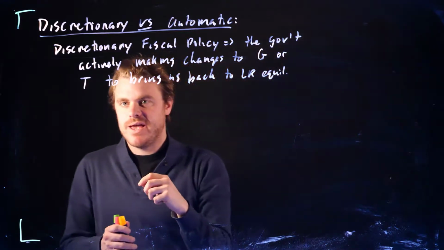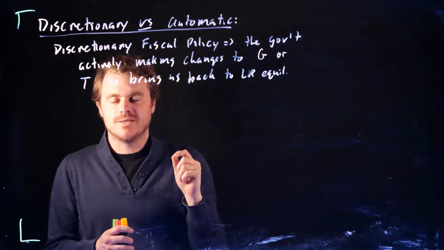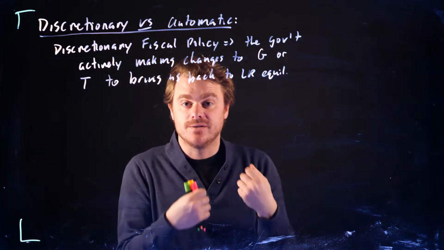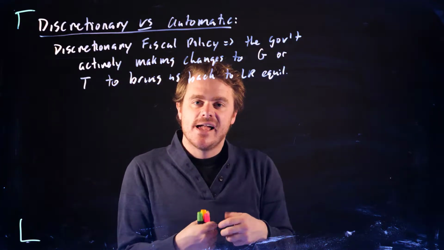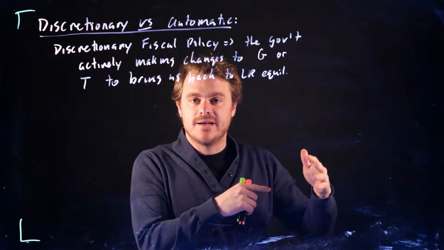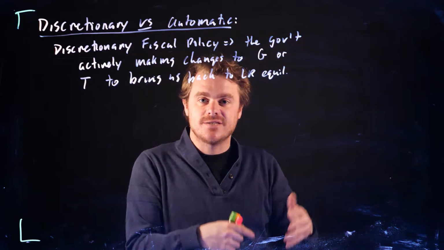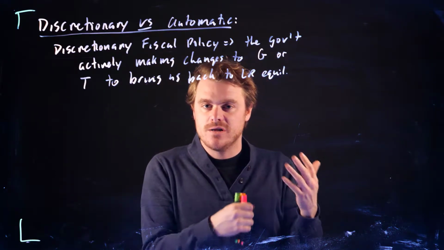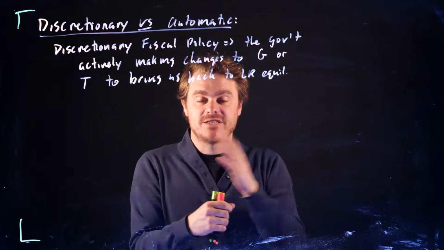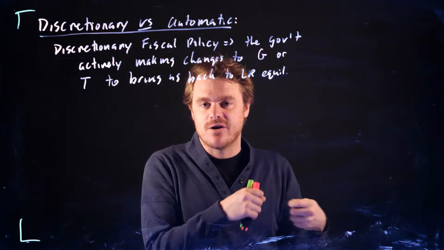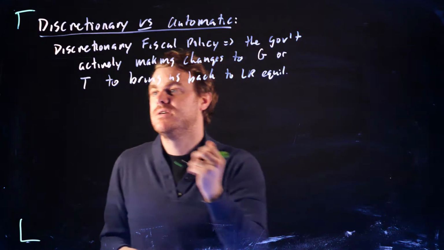Now this is different than automatic fiscal policy, which has to do with how our tax and transfer system is built and how it's designed. The idea being that when your real Y is increasing, the taxes are going up, which is making the simple multiplier smaller and making it so our economy just doesn't bounce around as much due to aggregate demand or aggregate supply shocks.